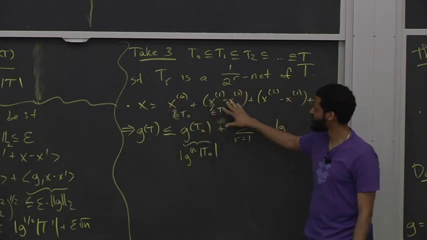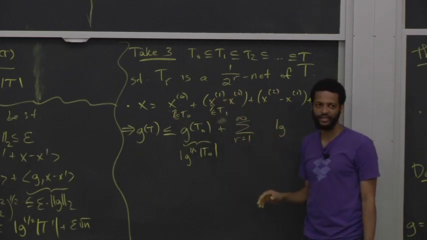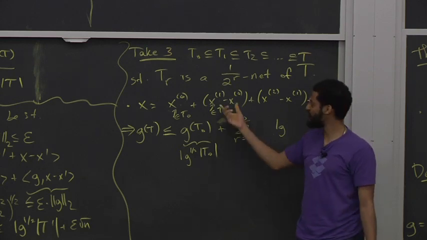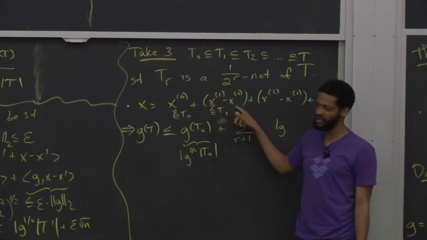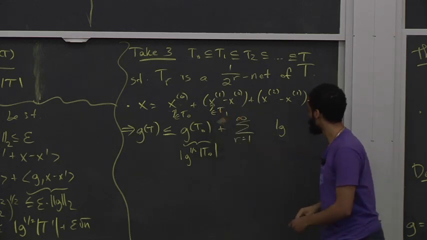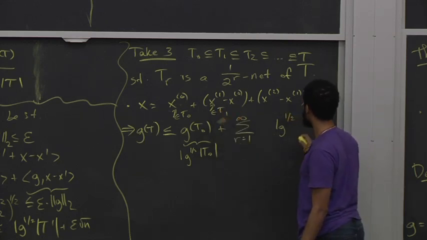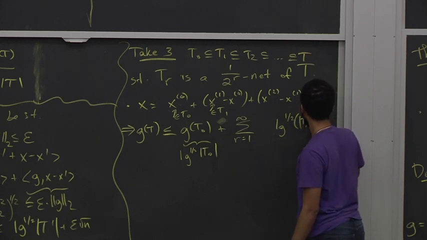How many possible vectors could be here in this difference? It's the size of T1 times the size of T0. It's the product of the two set sizes. So root log the size of Tr times Tr minus 1.